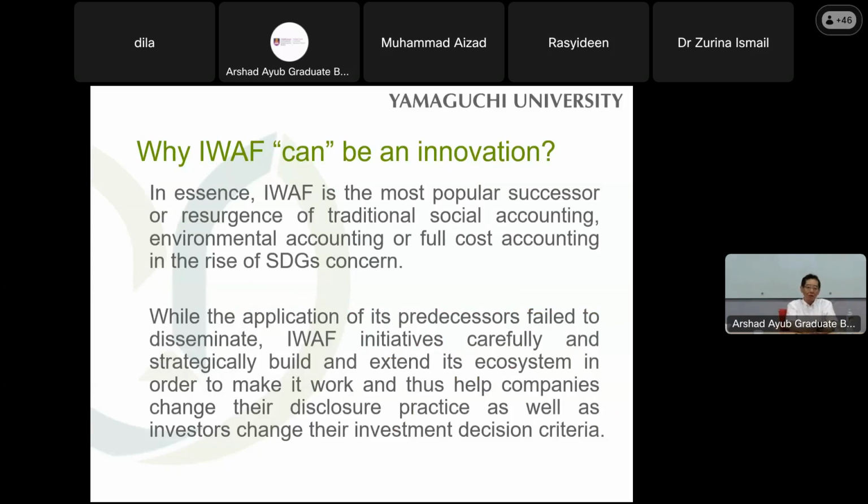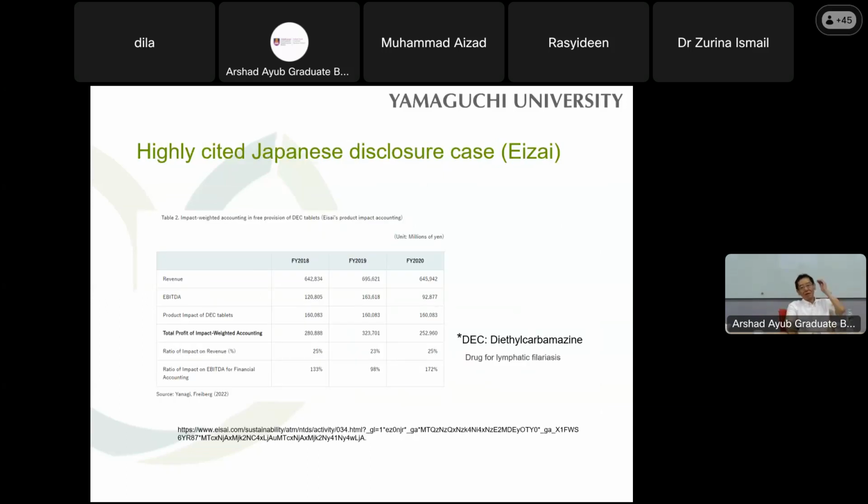So if you are interested in CSR disclosure, keep watching how IWAF can be innovation, or a kind of trial to innovate. This is one of the very highly cited Japanese disclosure cases adopting IWAF. Although it may be narrow and small, this disclosure is made by one of the largest pharmaceutical companies, named Eisai.